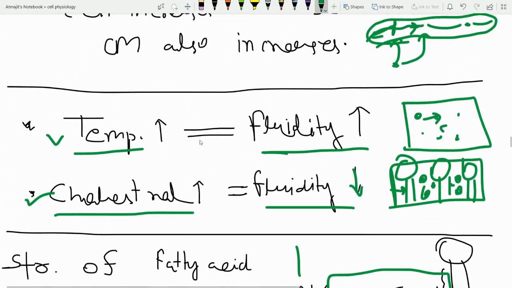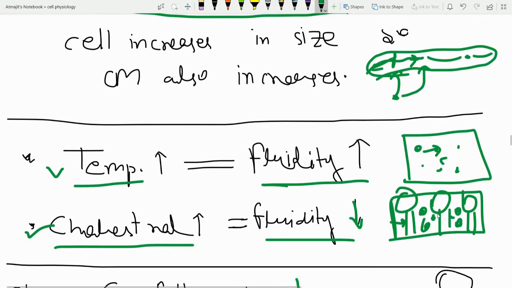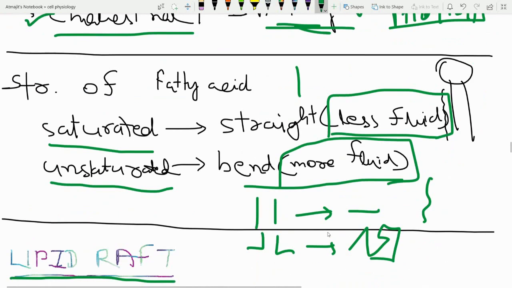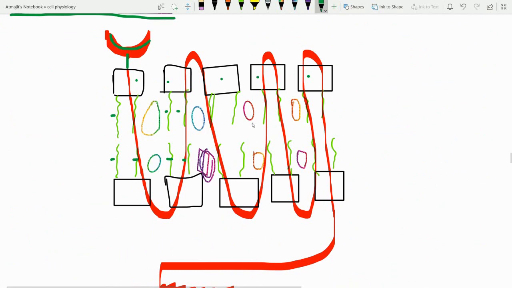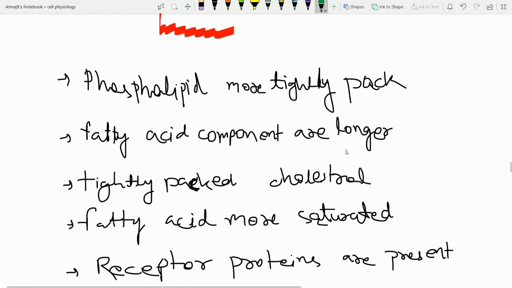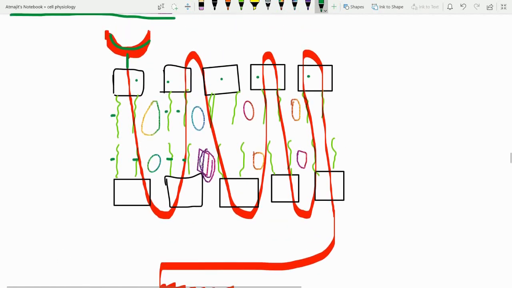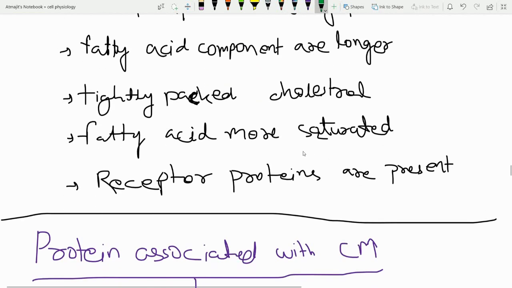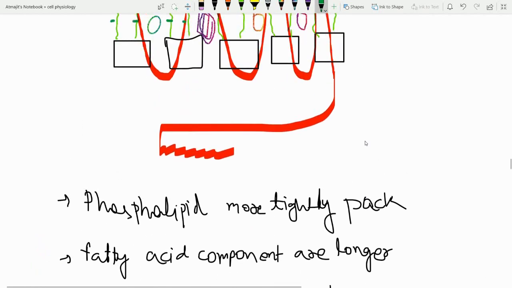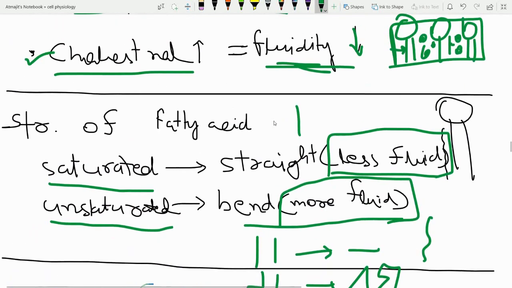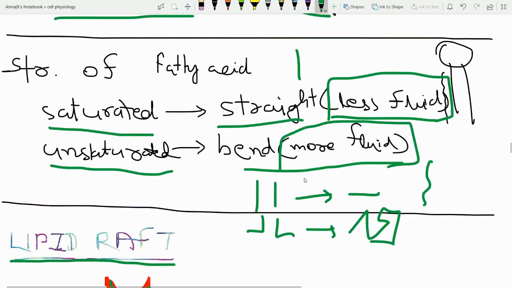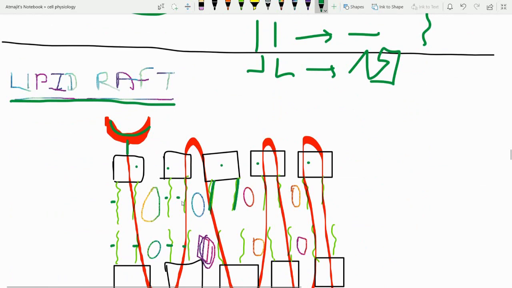I taught you that when tightly packed, fluidity decreases. Here also it is tightly packed, so fluidity decreases. The fatty acids are more saturated, meaning more straight.